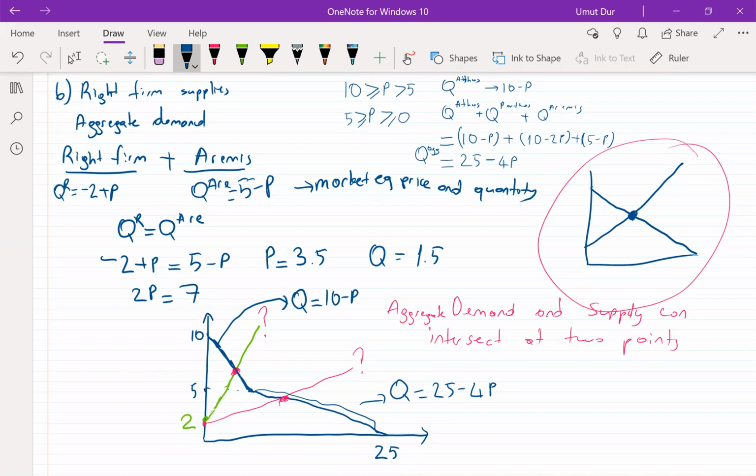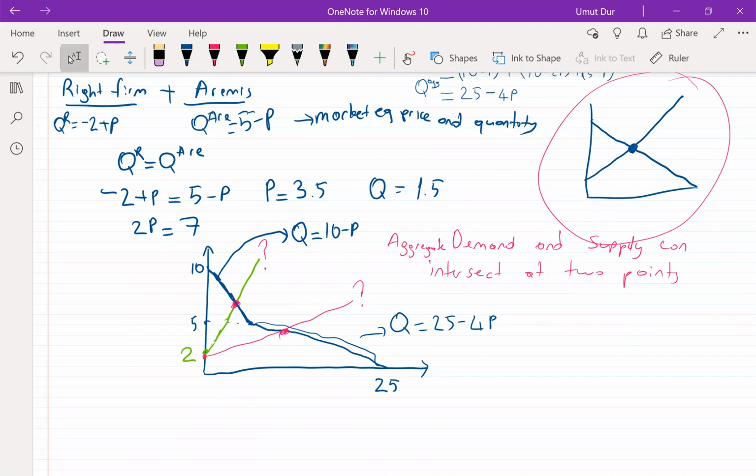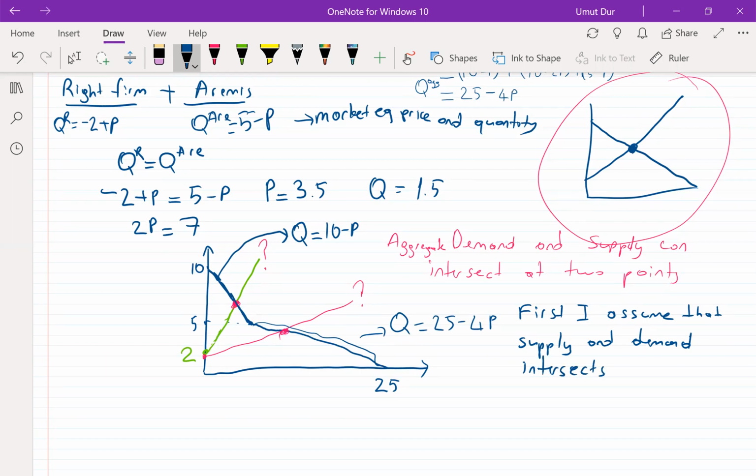I will consider both possibilities. First, I assume that supply and demand intersect at the upper portion of demand.